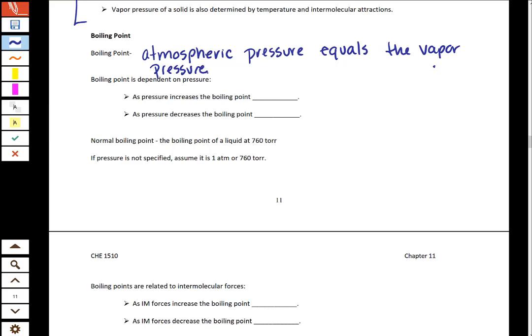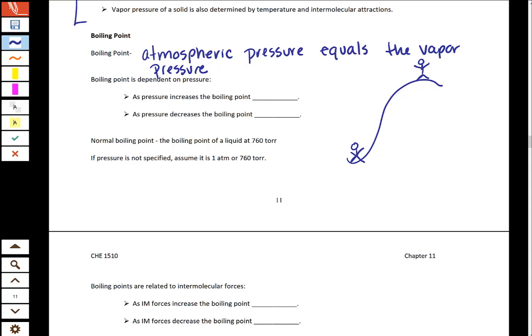And so what ends up happening is boiling point is affected by the pressure of the atmosphere. And so what we need to do here is draw a little diagram. So let's pretend we have a mountain. And here's you at the bottom of the mountain, and then here's you at the top of the mountain.